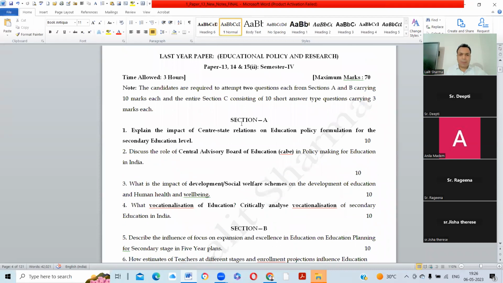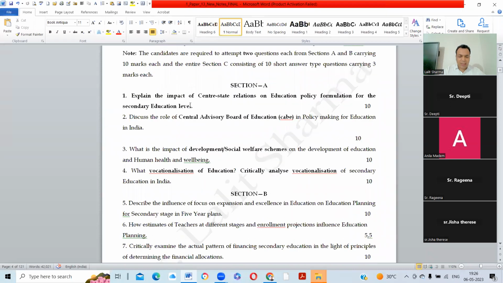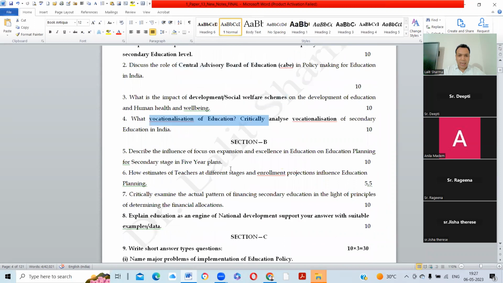This is the last year paper on educational policy and research. According to the last year paper, section A is covered: the first question, the second, the third on social welfare programs, the fourth on vocationalization, and the fifth is also covered.